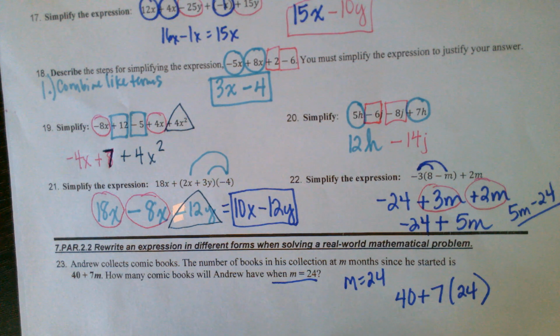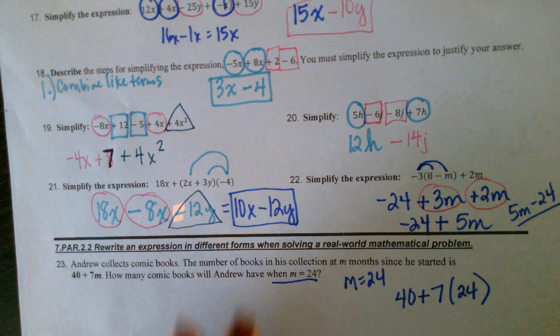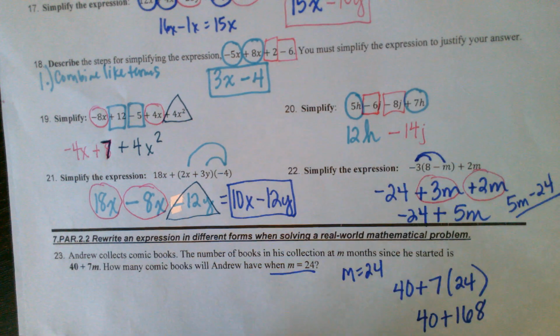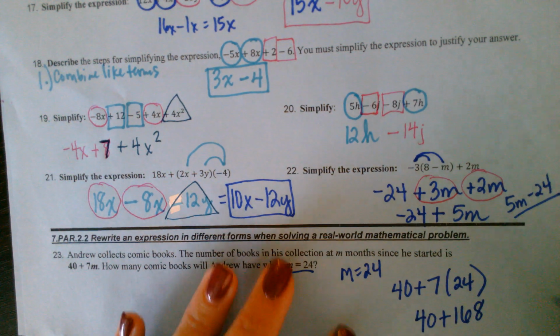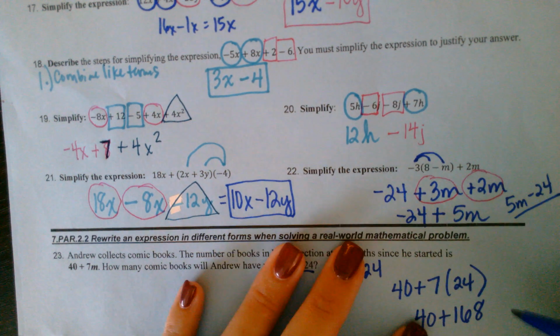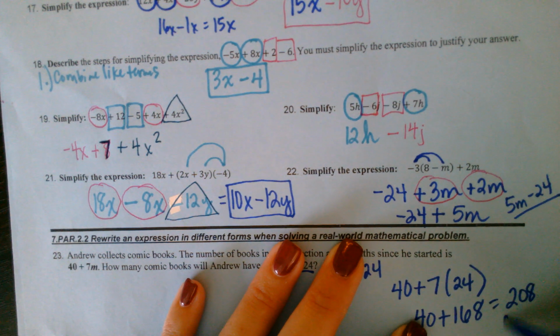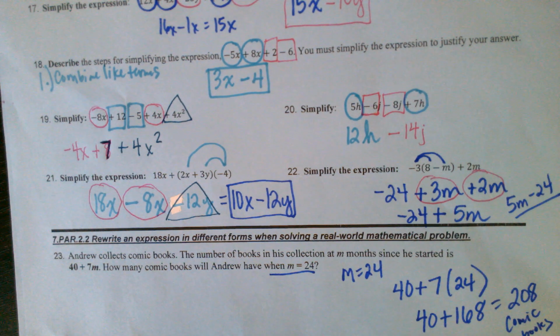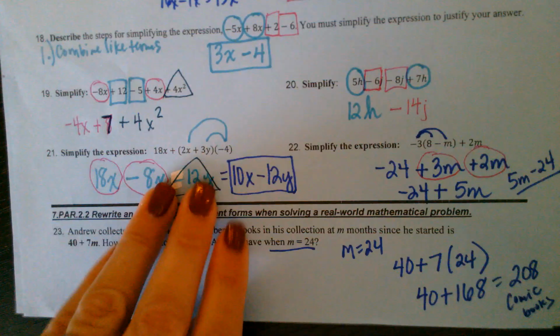So 7 times 24 is 168. So we have 40 plus 168. And, oops, 7 times 24, let me double check, 168 plus 40. So final answer, 208 comic books. So you're just substituting.